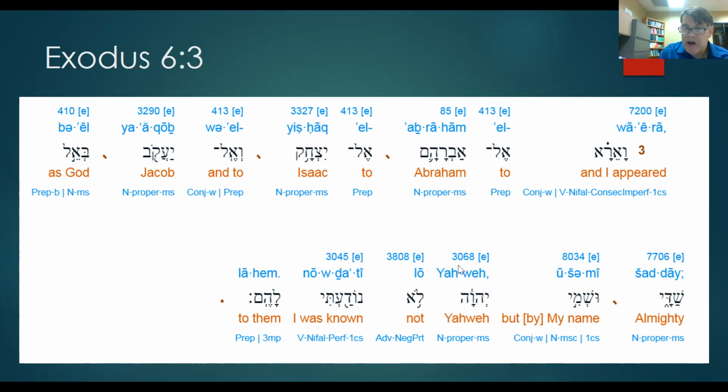Okay, here's the name of God. I always feel a little hesitant to say the name of God. Jews apparently stopped saying the name of God about 300 BC. Even by the time of Jesus, pretty much no one said the name of God. So I'm always a little hesitant, but I think they did at the time of Exodus. I think that's a much later development.